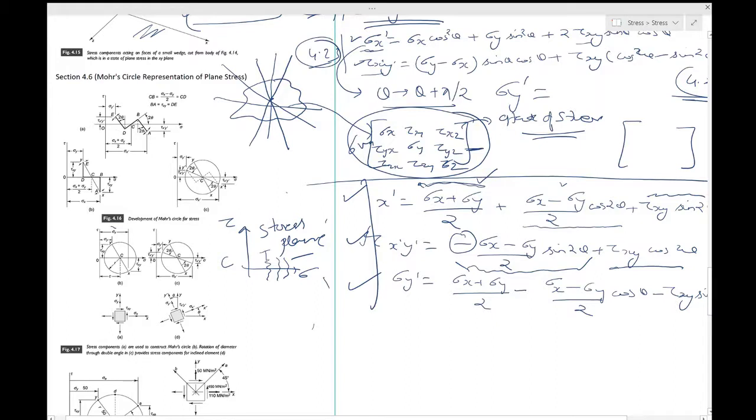For the shear, the sign convention is complicated by the fact that we must distinguish between the x and y ends of the diameter. The positive shear tau xy is plotted downward at x and upward at y.